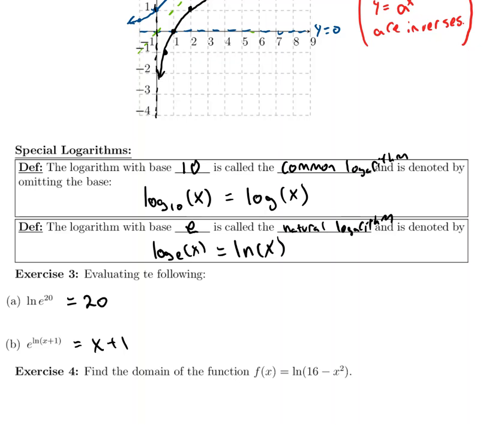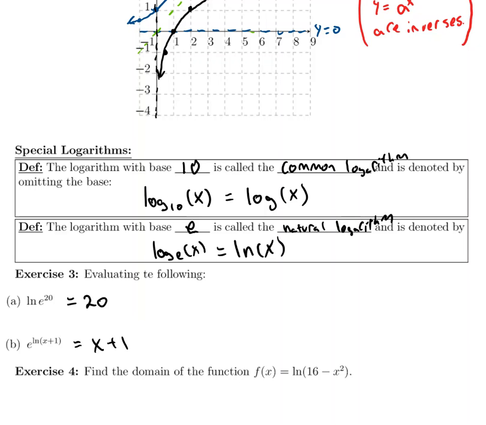So that's how I think of these. So ln, that's base e, is going to cancel with that e to leave us with 20. e to the ln, so that's a base, natural logarithm, they'll cancel in a sense to leave you with x plus 1. It's not proper terminology, but that's how I like to explain it.